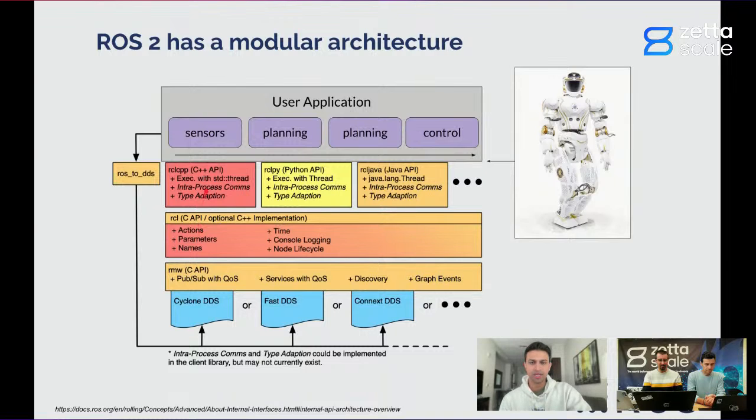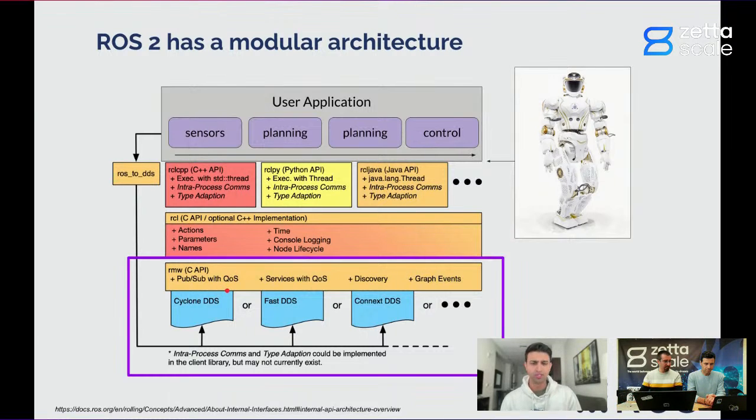So deep down inside, once you write your nodes, you'll be establishing entities like publishers, subscriptions, services, clients, etc. And the underlying transport mechanism for these entities is defined by the middleware layer. So far with ROS2, since its inception, a lot of the middlewares have been DDS-based, at least the tier 1 middlewares that we support out of the box.